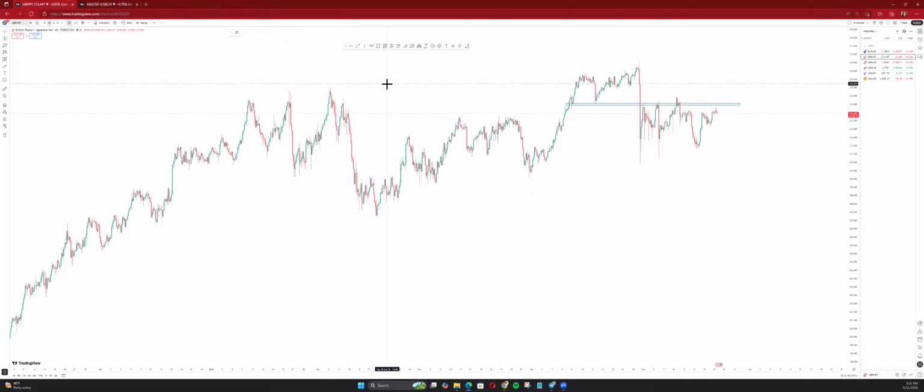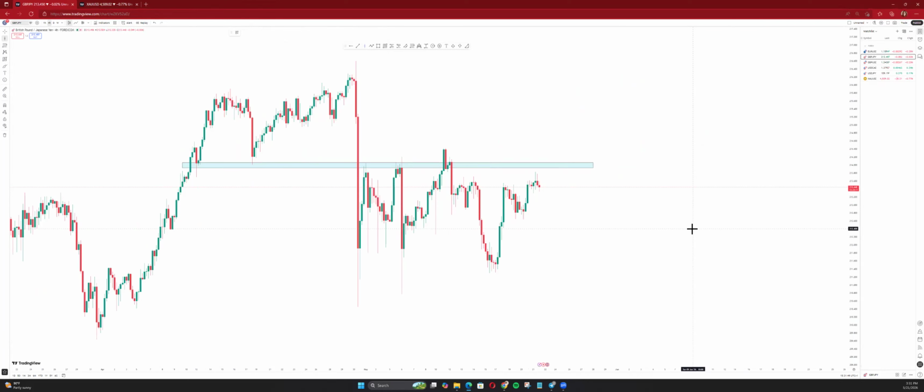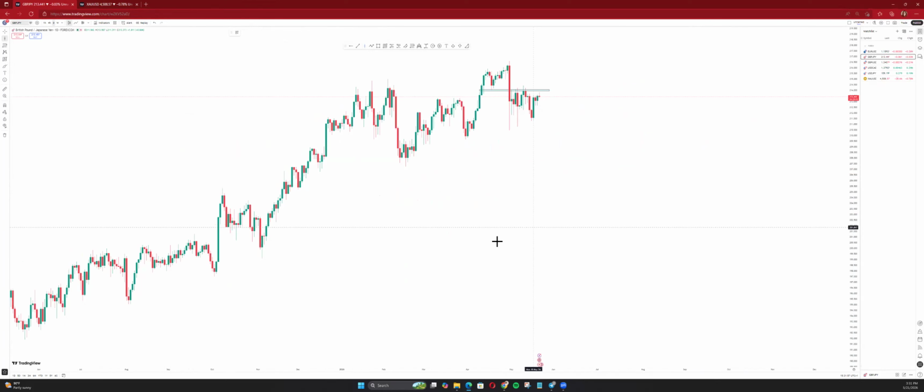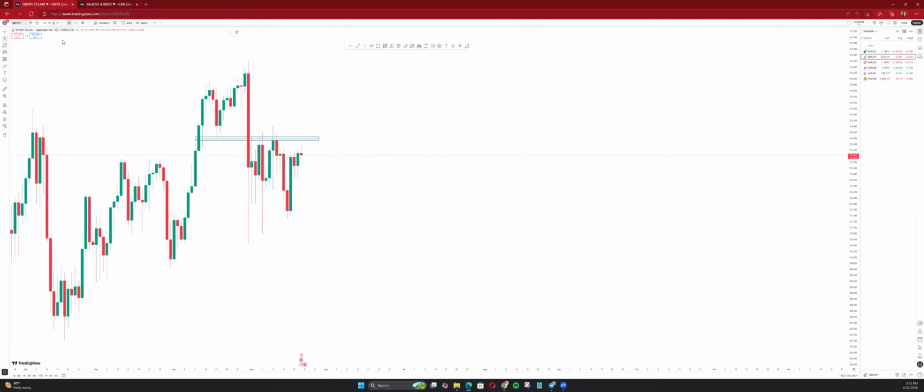Vertical, horizontal. Well, vertical line, right? I use this one most of the time when I want to indicate the opening of the day, that day that's going to open. This is on a daily time frame, so I come here to put it here.